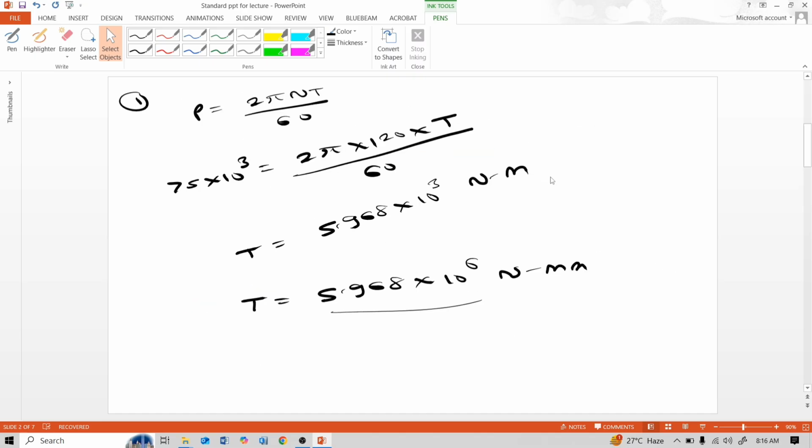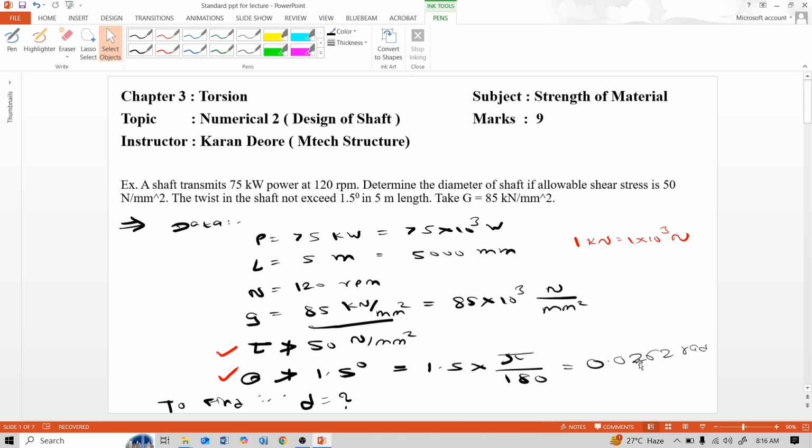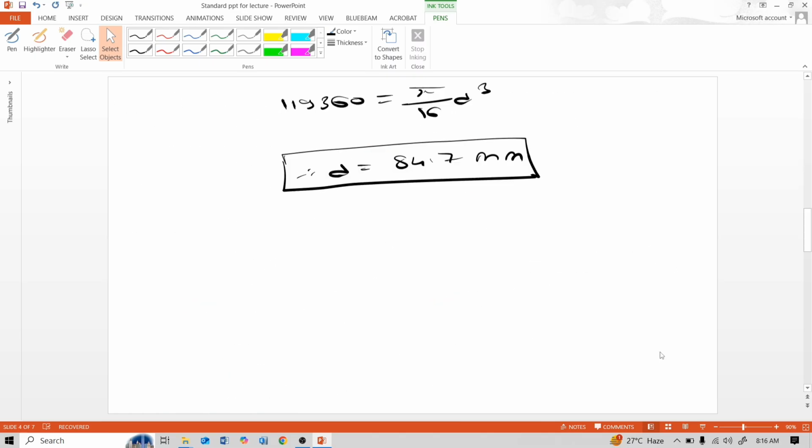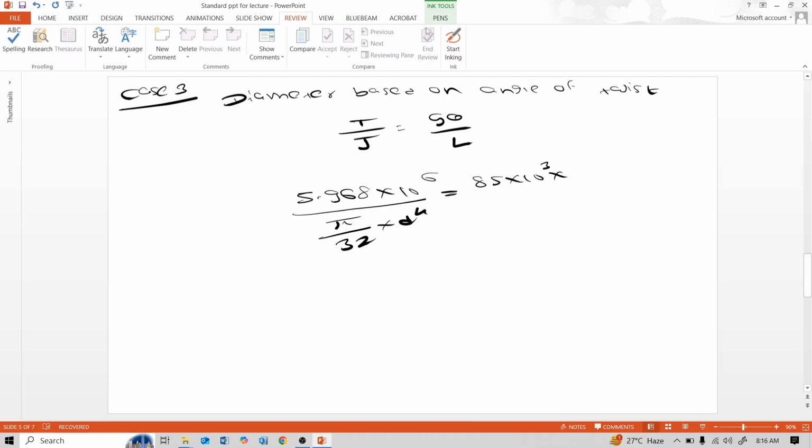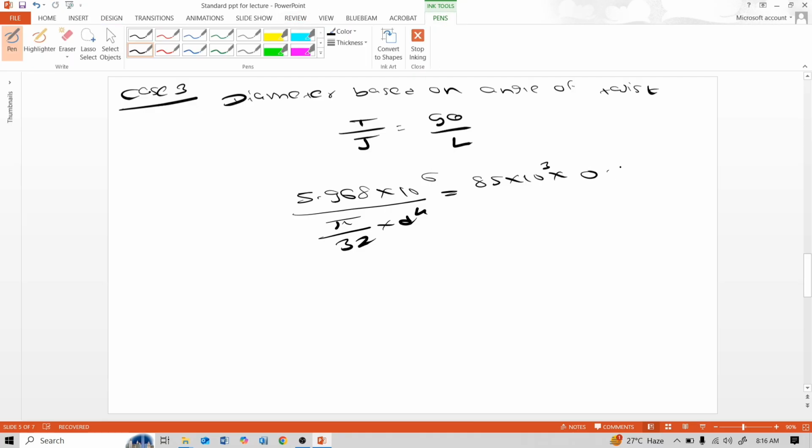Theta is in radian, 0.0262, and L is 5000. After solving this on the calculator, D is equal to 108.109 mm.